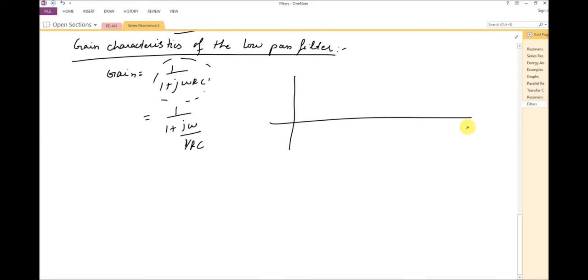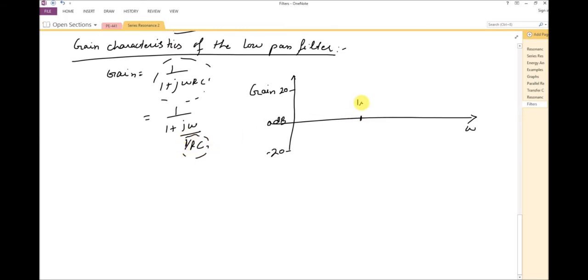So this is your frequency axis and this is your gain, right? And this is your 0 dB, 20, minus 20, and this is your cutoff frequency.